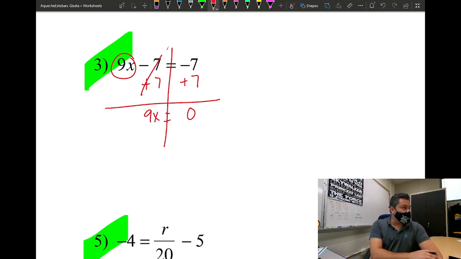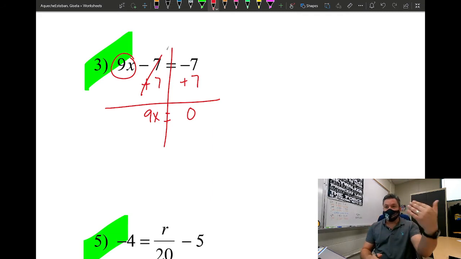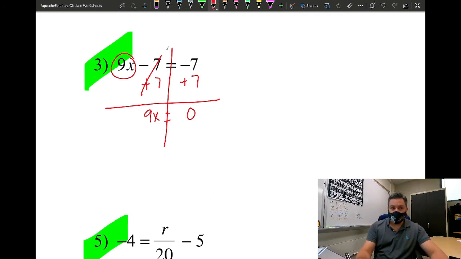Now, what is the 9 doing with the x again? A number and a letter together is multiply, right? The opposite is divide. So we're going to divide by 9. That's kind of weird now, huh? 0 divided by 9, right?